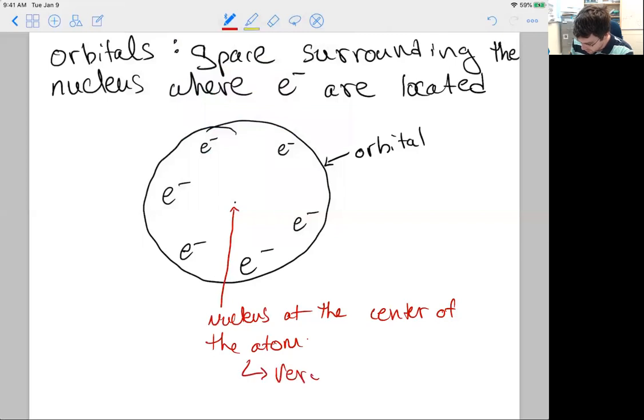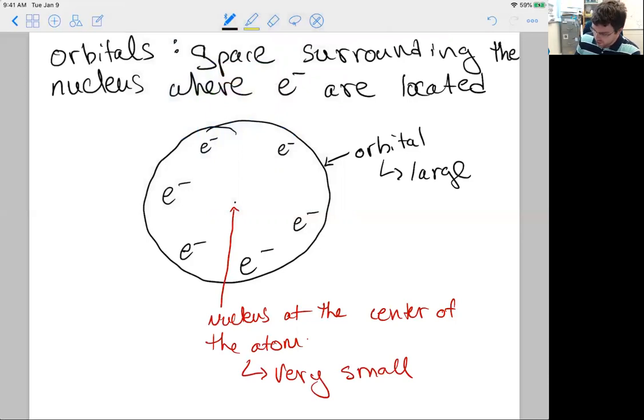It's very small. Hopefully you've made that observation from our picture. The nucleus is very small. The orbitals, in contrast, are large. Now let's be better about quantifying or describing the property of size here. We've talked about physical properties related to size.